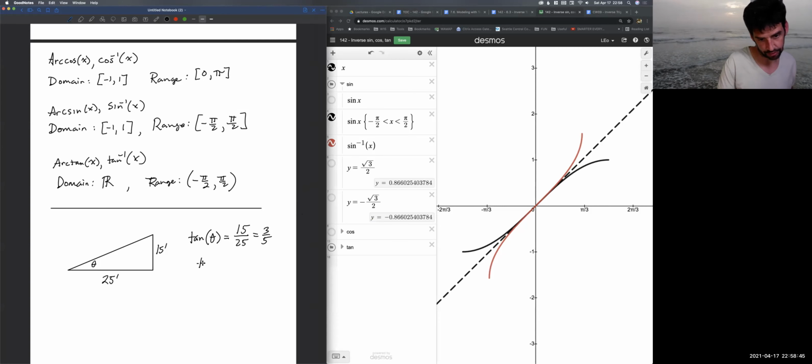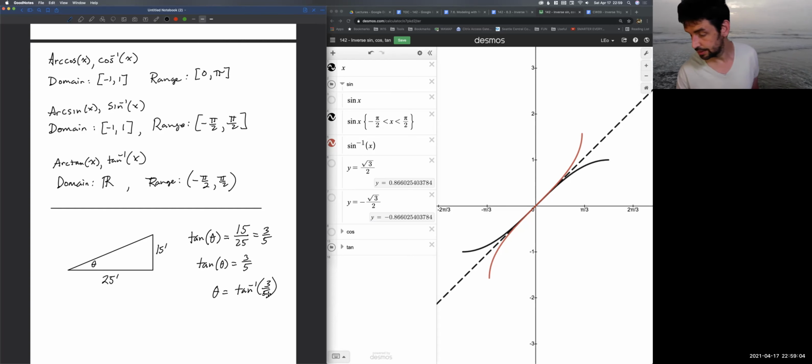Let me just write this clearly again. Tangent of theta we know is 3/5. We can find what theta is by taking the inverse tangent of both sides. And we'll get that theta is going to be the inverse tangent of 3/5. That undoes the tangent function.